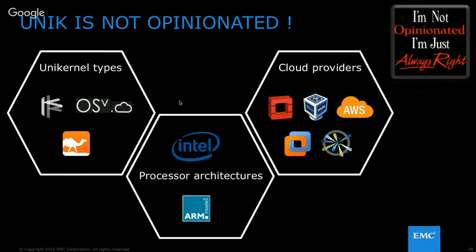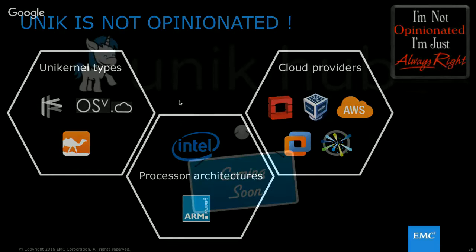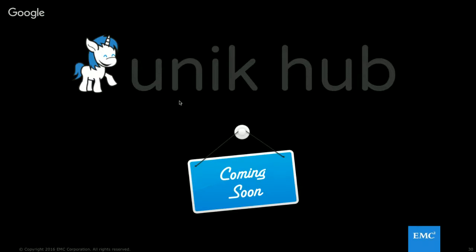So again, the power of Unik, in my opinion, is that it makes it very easy to use, but because of the way we architected it, you can easily add support for more. And because we wanted to make it very easy for you to share your Unik kernel and to use the ones that have already been built in the community, we are working today on building a Unik hub, and it's going to come soon.